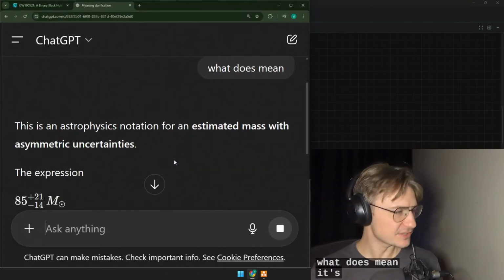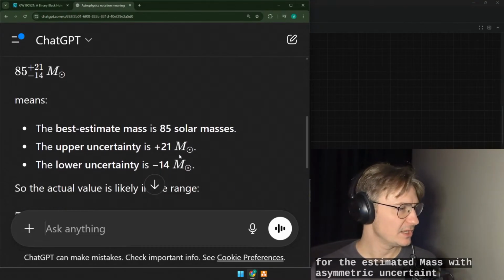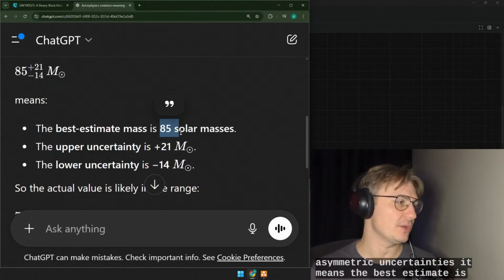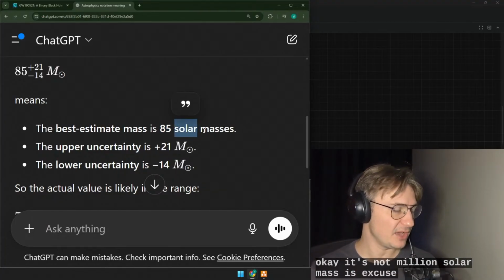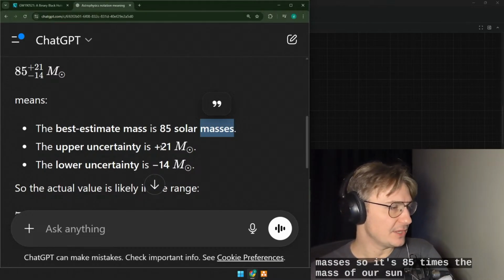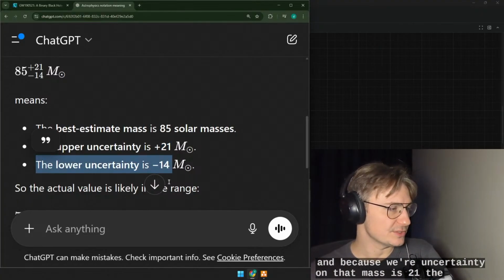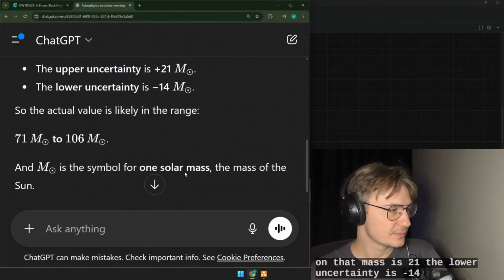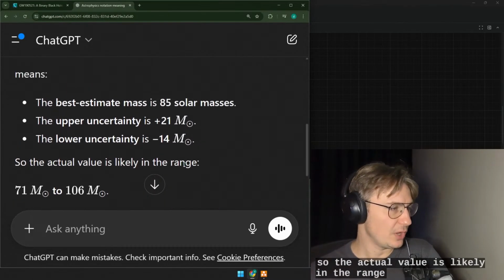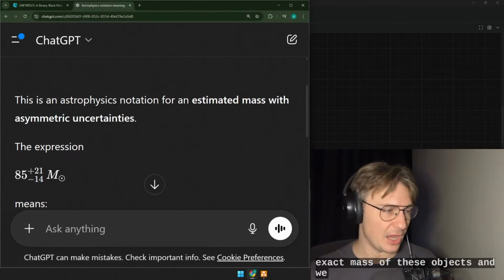It's an astrophysics notation for the estimated mass with asymmetric uncertainties. It means the best estimate is 85. Okay, it's not million solar masses, excuse me. It's 85 solar masses, so it's 85 times the mass of our sun. And the upper uncertainty on that mass is 21. The lower uncertainty is negative 14. So the actual value is likely in the range 71 to 106 solar masses. So we don't have the exact mass of these objects, and we have very high uncertainty.